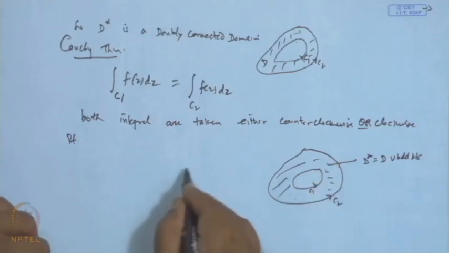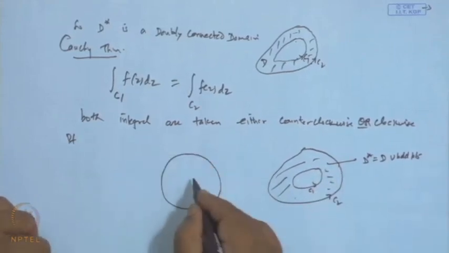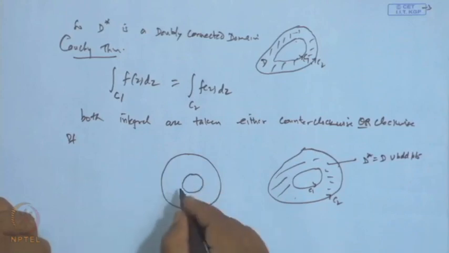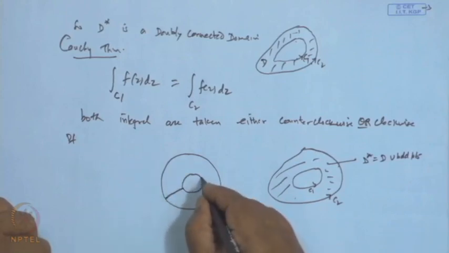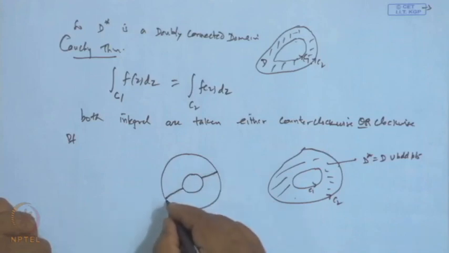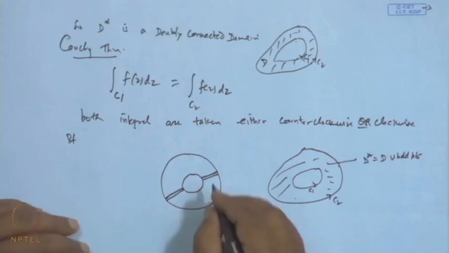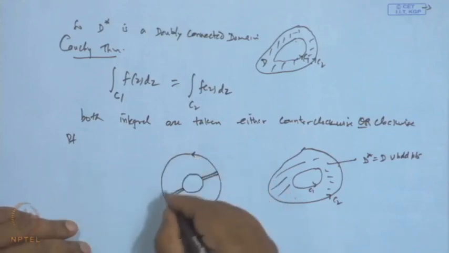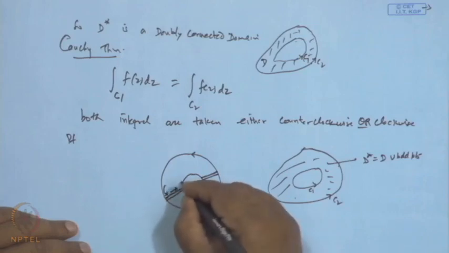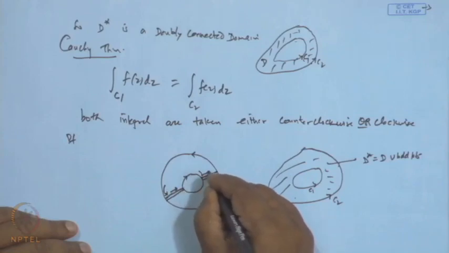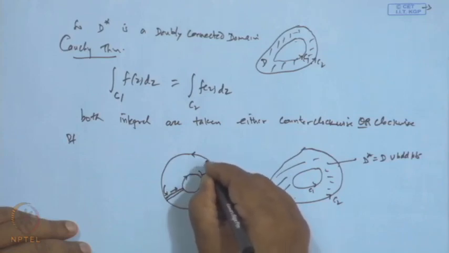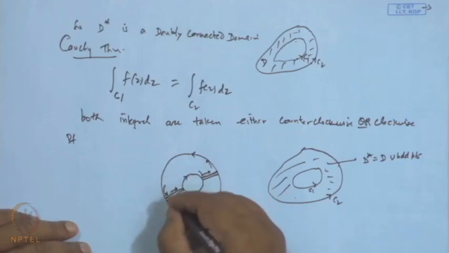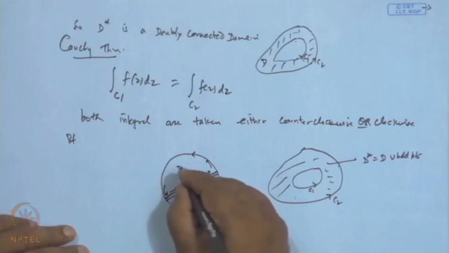Now, let us convert this into a simply connected domain by putting two cuts along this. So, this is our one cut. If we start this way, come back up to here, then go from here along this direction and come back again, then we get one domain, say D1.